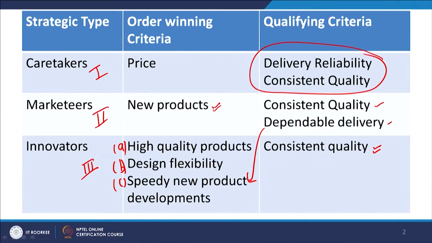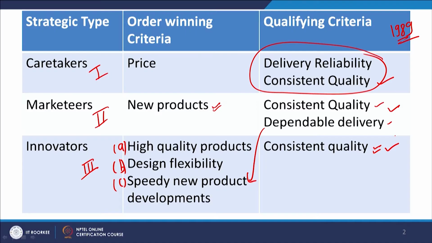So, you can see that according to Roth and Miller, in the study which was done in 1989, from that time quality everywhere has remained a qualifying criteria, because each organization nowadays can have similar access to technology. When you have similar access to technology, we all can deliver a similar level of quality.